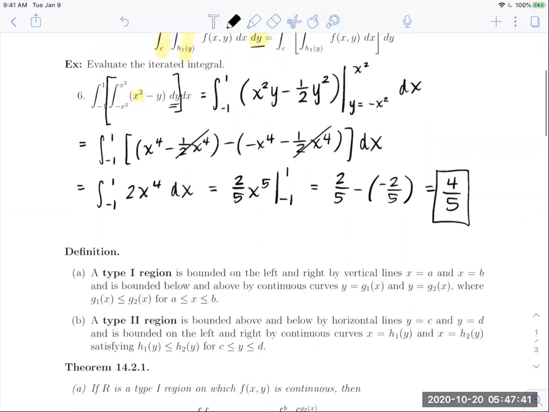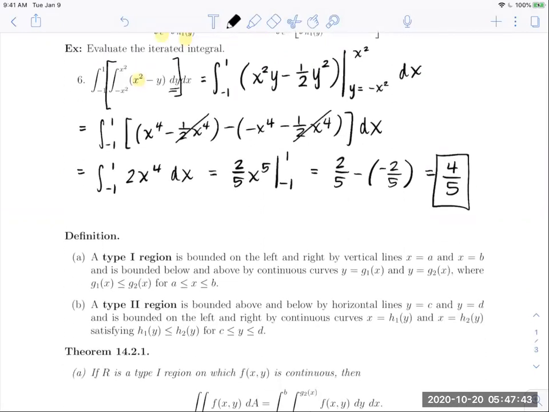And so our remaining examples are going to be practicing this technique of taking a problem, identifying the region that we're integrating over, and then finding those limits of integration accordingly. In order to do that, we need to understand the two different types of regions that we'll be working with. So the following definition identifies these two regions.